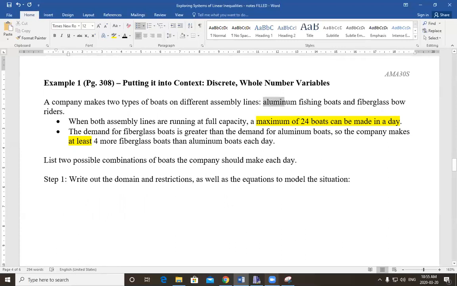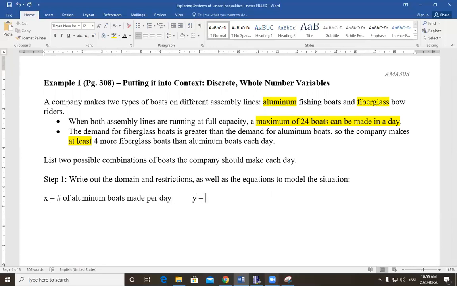And it's clear we have 2 types of boats, aluminum and fiberglass. So aluminum, we're going to say is X, and fiberglass, we are going to say is Y. So I would state that right off the bat. So X is the number of aluminum boats made per day.